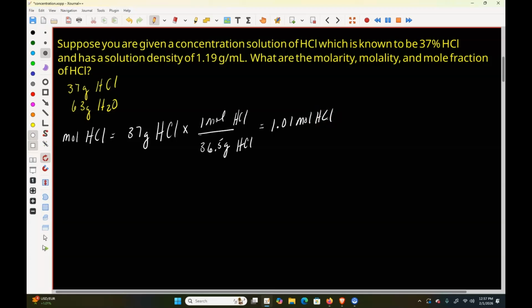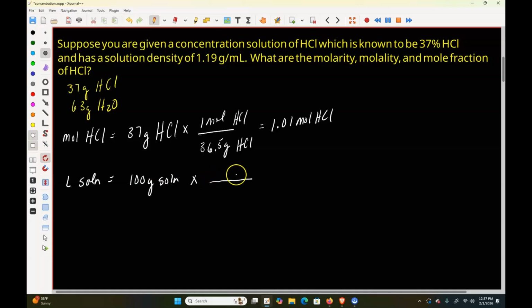Next, convert the known mass of solution. So I have 100 grams of solution. So let's convert that into liters. So I have 100 grams. I'll multiply that times the density. And since I have grams, I need grams on bottom.